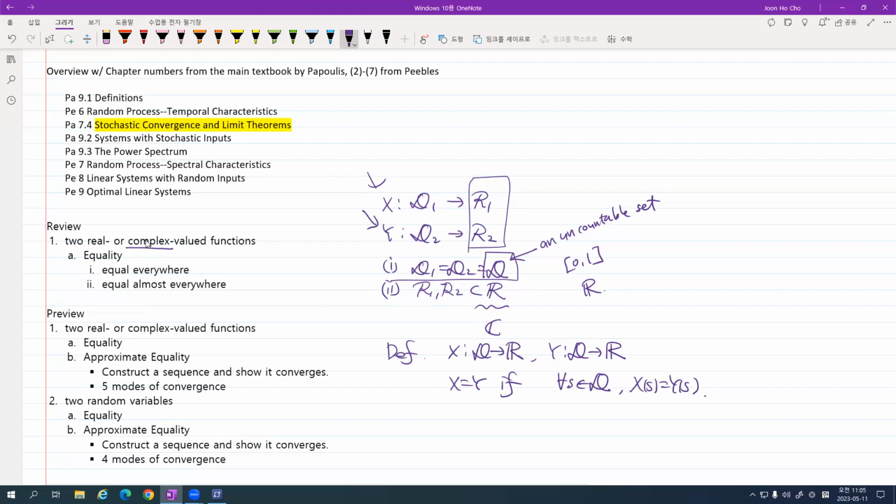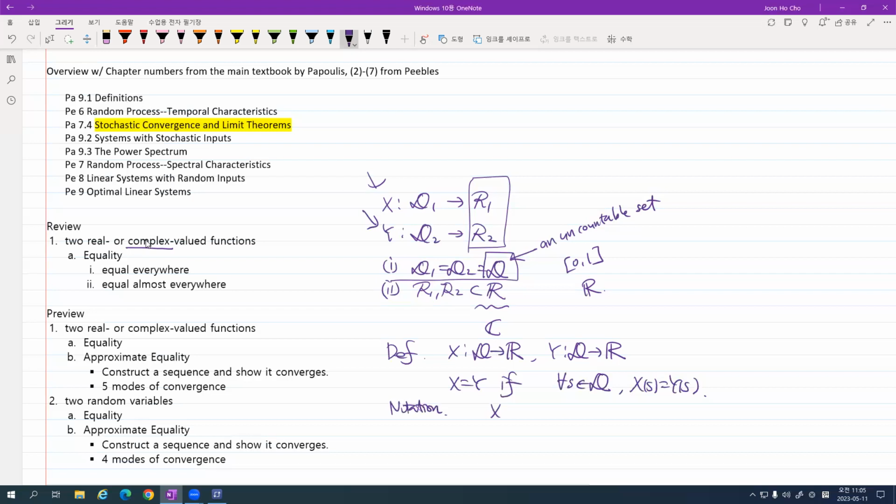So if the domain D is an uncountable set, you need to check an uncountably infinite number of equalities of two real numbers. That is the definition. And here goes the notation.